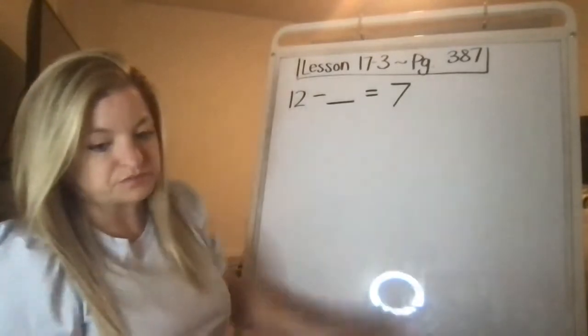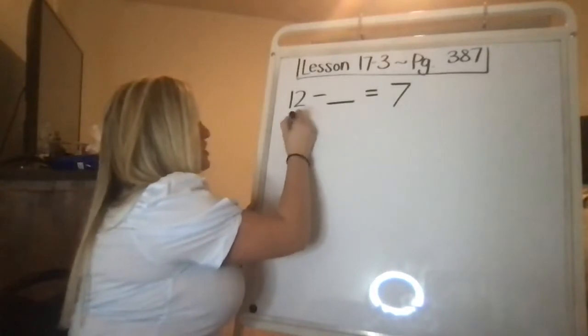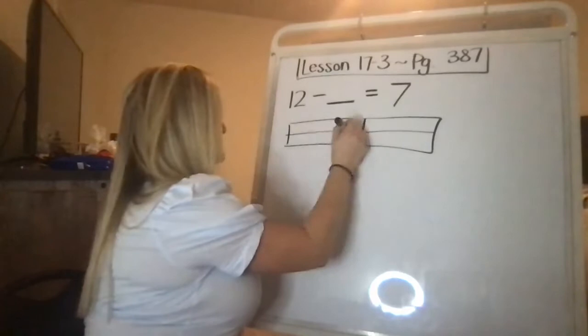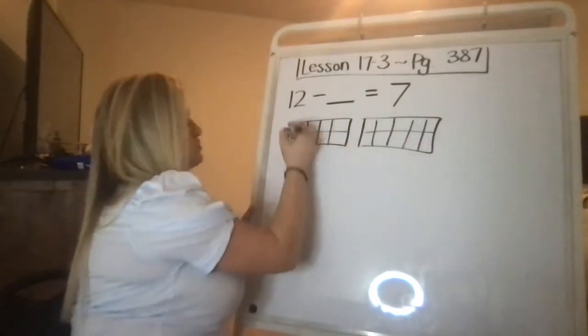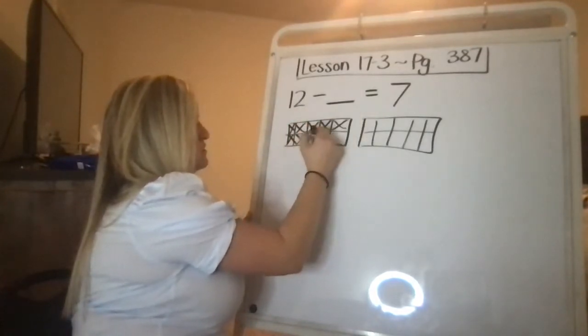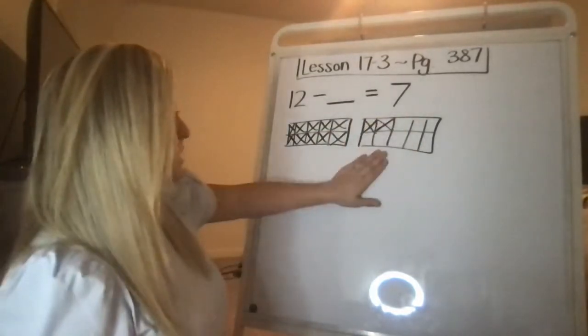Okay. So what we're going to do is I'm going to draw a double tens frame. That means I'm drawing 2 of them. 1, 2, 3, 4. 1, 2, 3, 4. I'm going to draw 12 dots. All 12, okay? 10 and 2 makes 12.